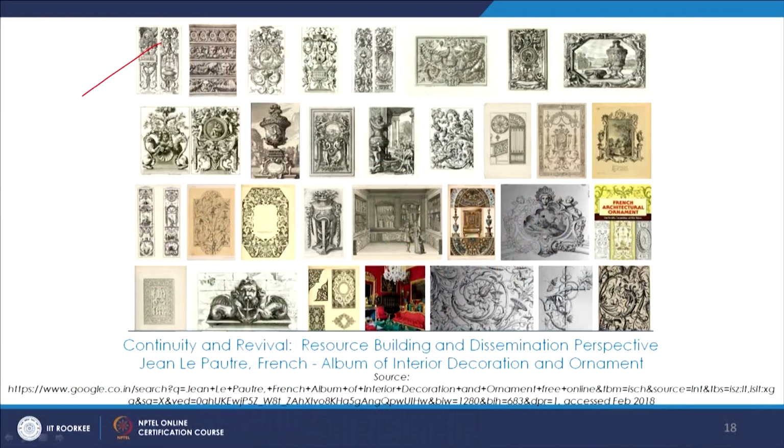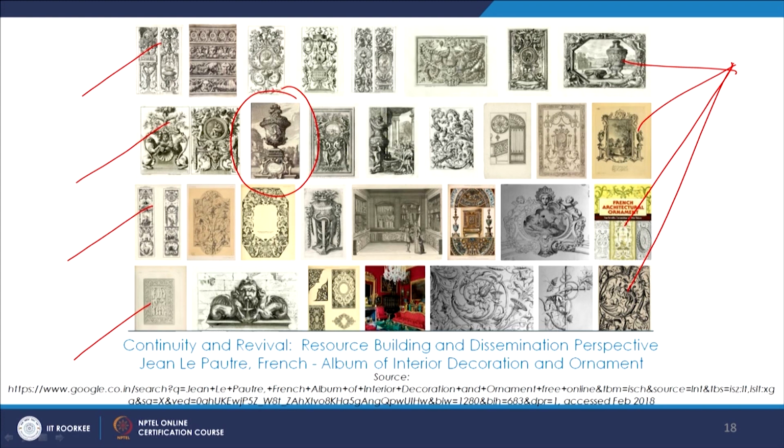So here we see a lot of details, and the resource building part. So many details, whether it's done on a surface, or it's an object or a sculpture, and we also see the interiors over here.